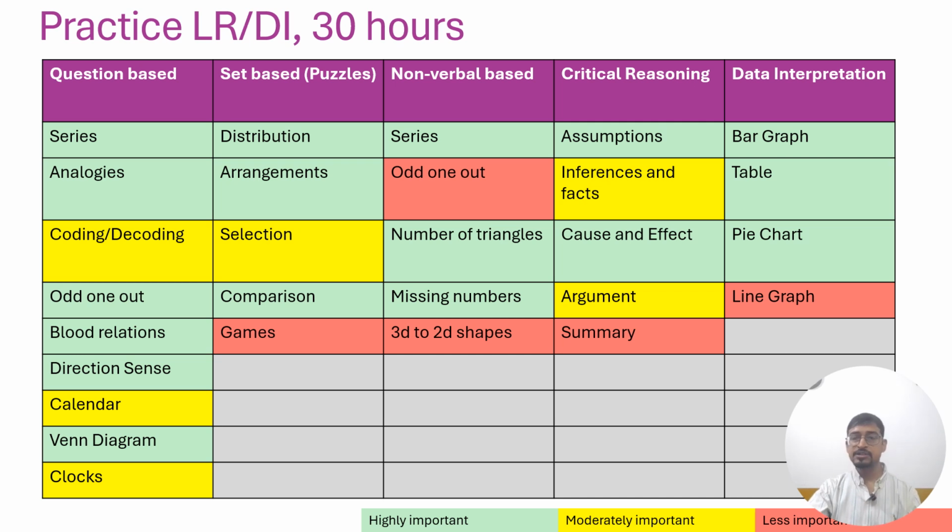Consider this: IPMAT Indore doesn't really have a logical reasoning section, so there are only 5 questions that come from set based puzzles, which consist of either distribution, arrangement, selection, comparison sort of topics. For the IPMAT Rohtak and the JIPMAT exams, you can see a decent breadth of coverage across all the 5 headers that I have.